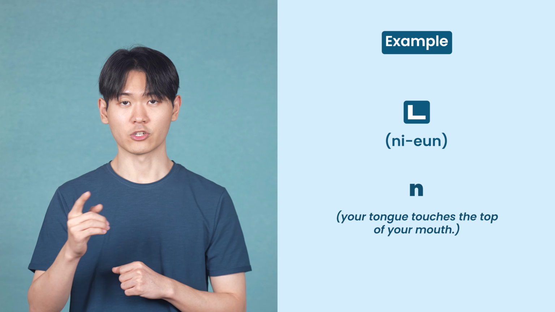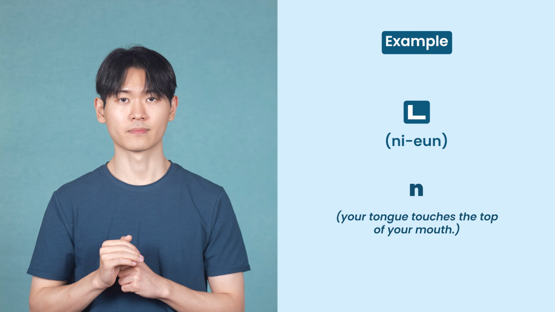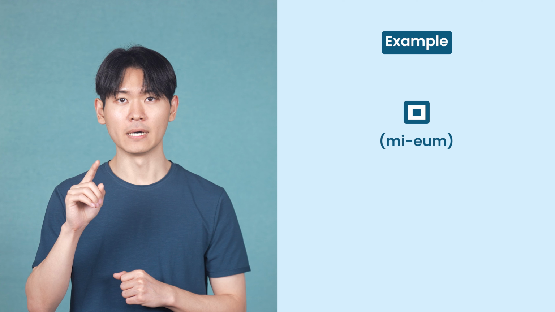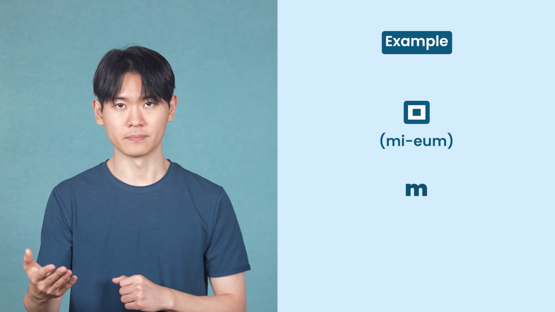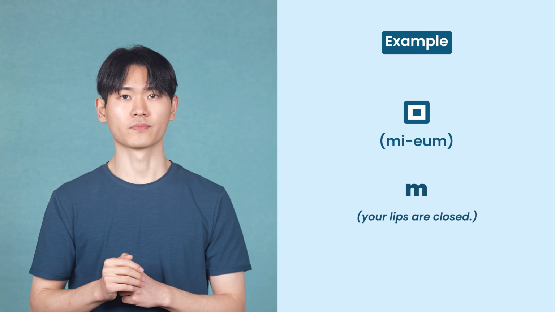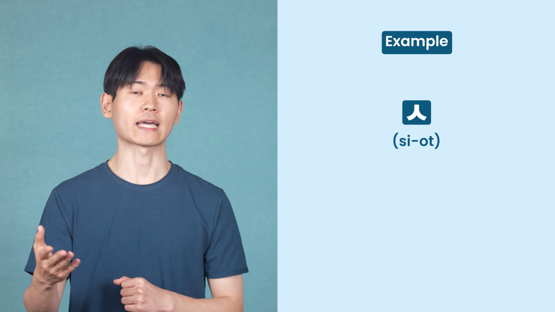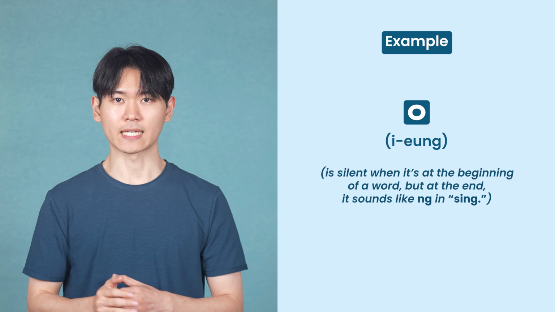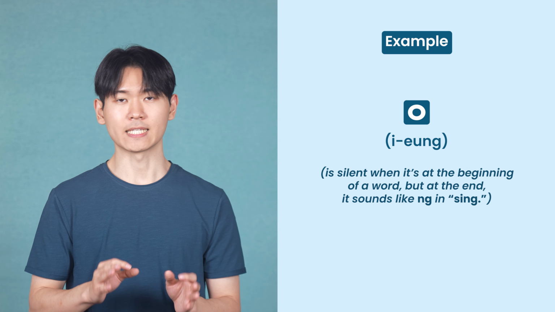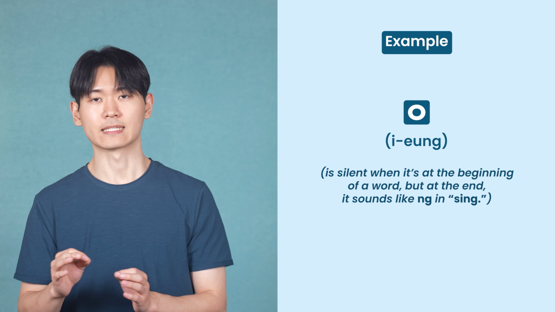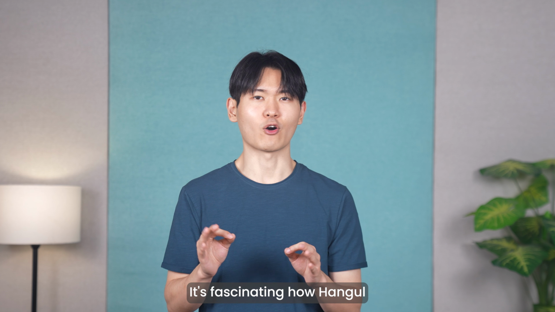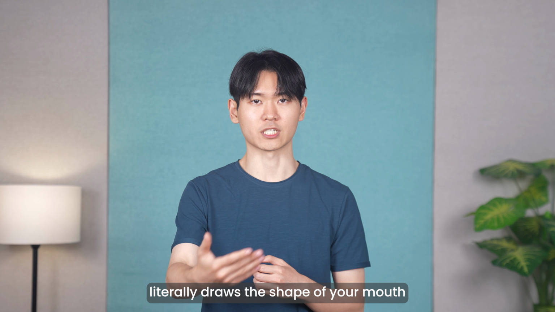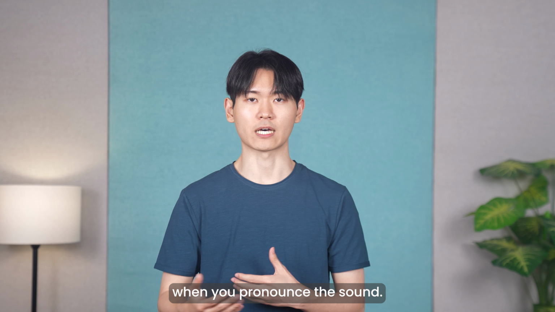Your tongue touches the top of your mouth. 미음, m sounds like m. Your lips are closed. 시옷, s sounds like s. Air flows gently through your teeth. 이응, 응 is silent when it's at the beginning of a word, but at the end it sounds like ng in sing. It's fascinating how Hangul literally draws the shape of your mouth when you pronounce the sound.